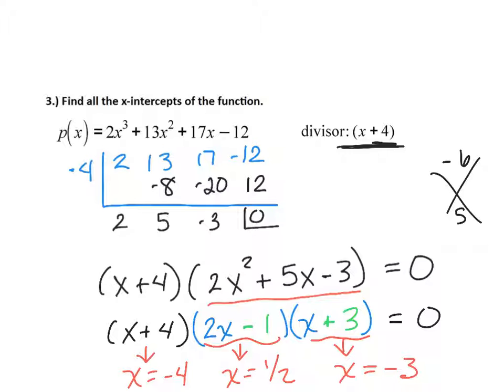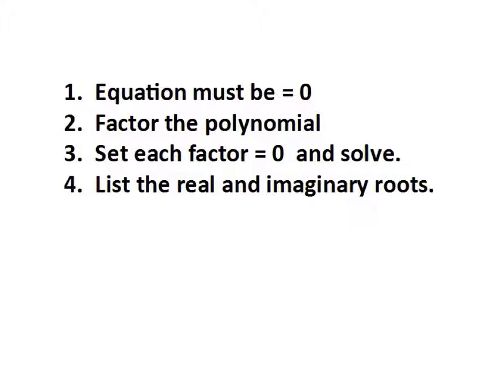So in this example, we factored it by synthetic division, and then factored the trinomial further, and found our 3 real solutions. All right, just to summarize, polynomial equations are very similar to quadratic. You must make sure the equation is set equal to 0.